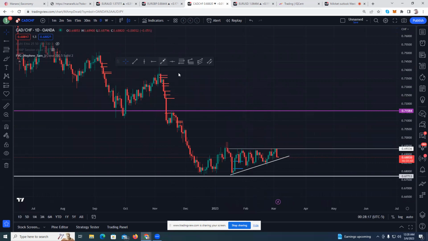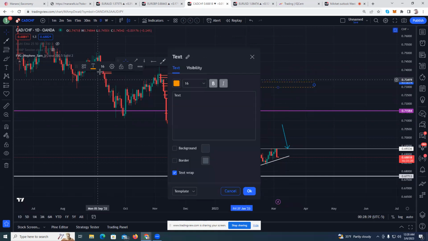Let me just point this out to you so you can see. So on the daily time frame, price action is creating equal highs. And then down here, we can see that we're starting to create an uptrend, creating higher lows. Now, this formation is what we call an ascending triangle. Okay.